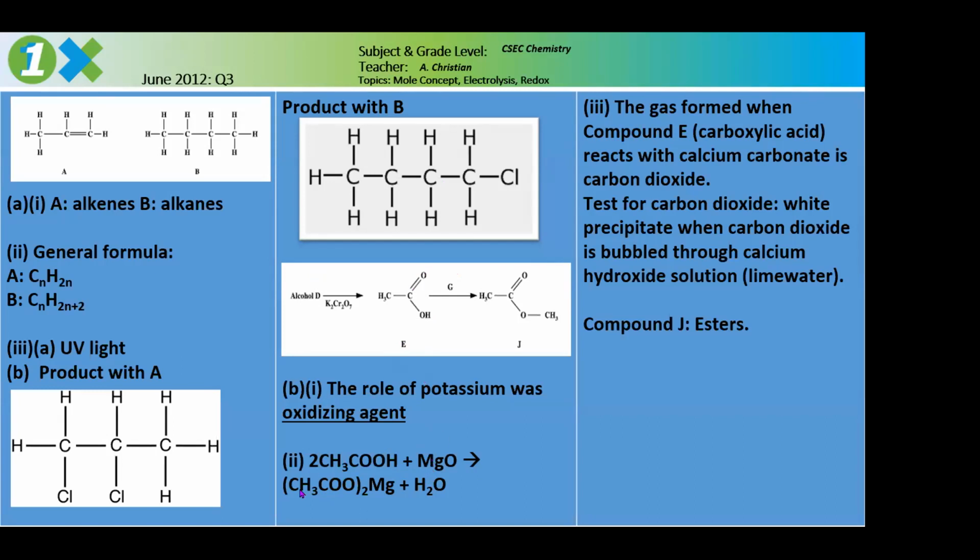So it now forms (CH3COO)2Mg, because this has a charge of -1 and the magnesium has a charge of +2. So you'll need 2 of these to react with the magnesium. And as such, H2 is formed, which now reacts with this 2 minus oxygen to form water.